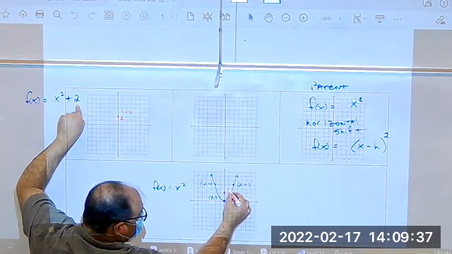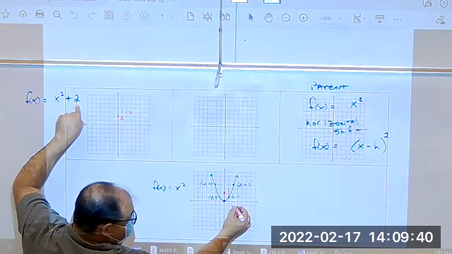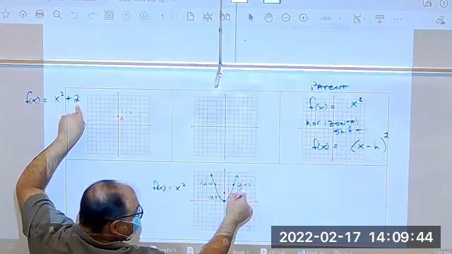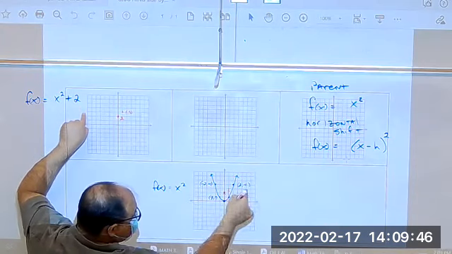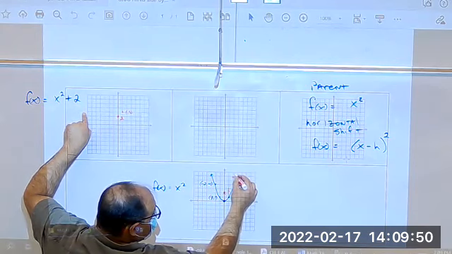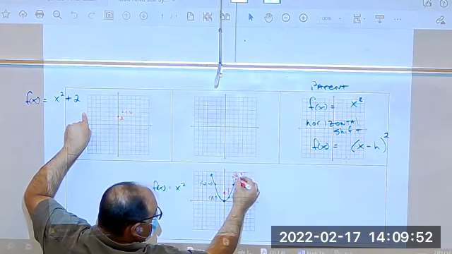That's been moved up 2 units. When you plug in 2 to the original, we get 4. If we add 2 to the last answer, 4 plus 2 is going to move it all the way up. When we plug in 2, we're going to get 6 now.